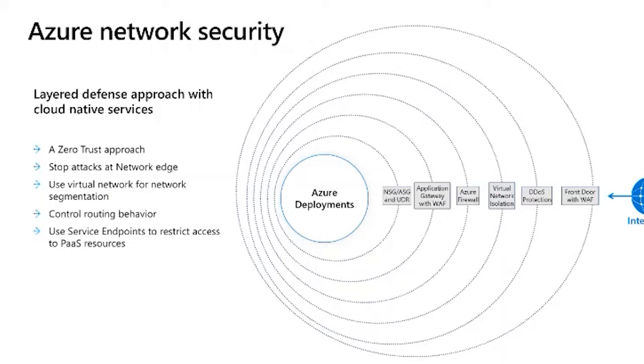After that, you go to the VNet level, which is the virtual network. Within Azure, you would segment your networking environment into a number of VNets, and we have a lot of standard deployment practices in that area, which I don't need to go into. Once you get to the VNet level, we have Azure Firewall, our stateful firewall as a service.